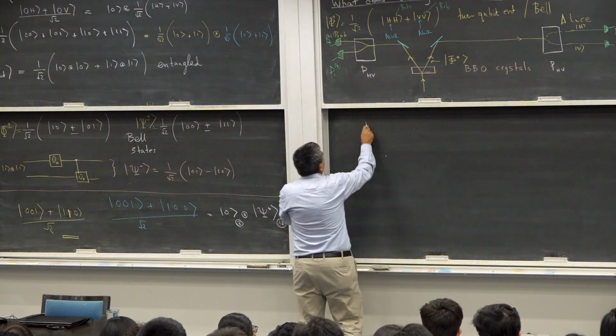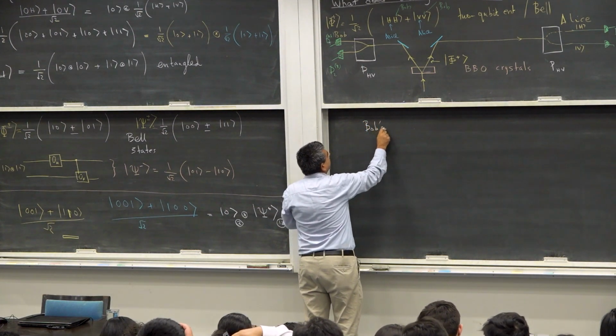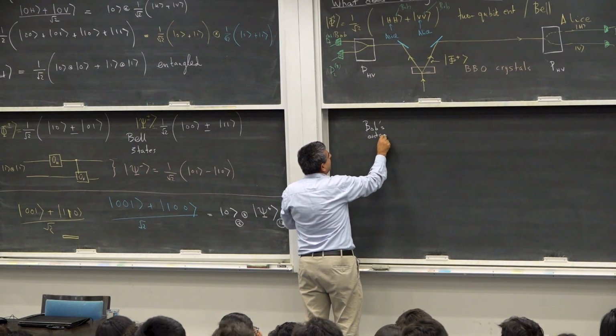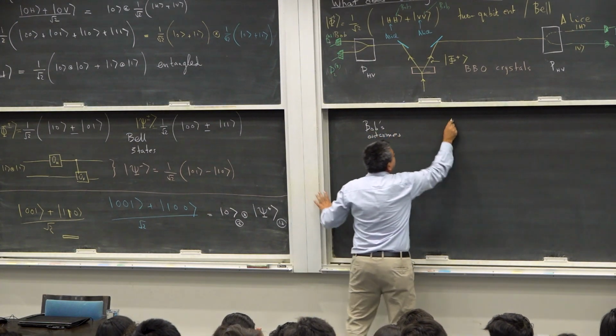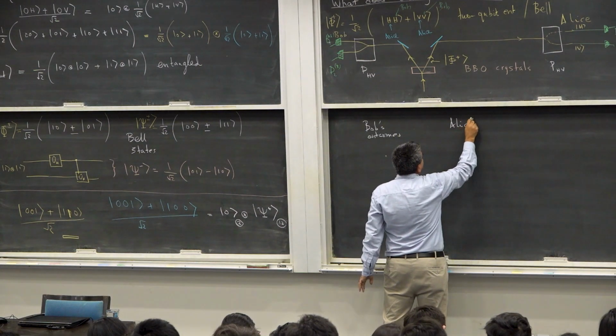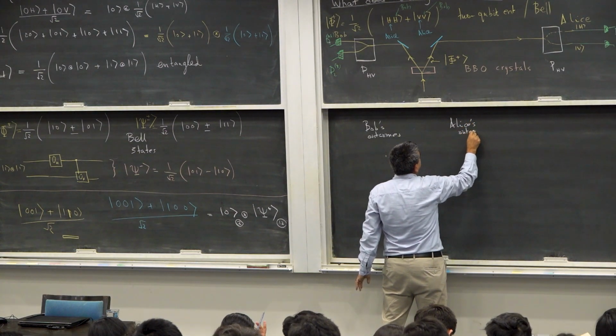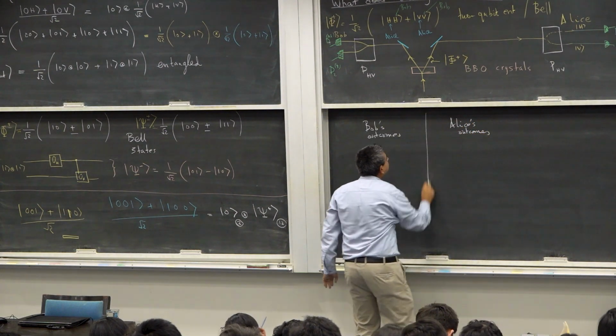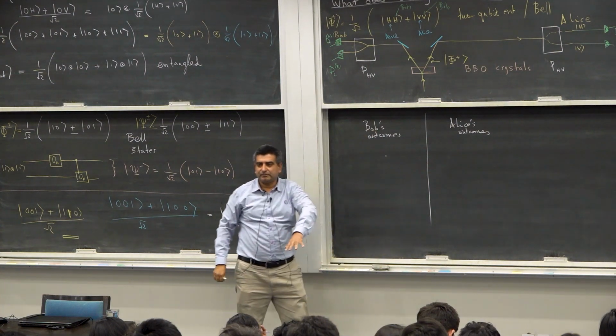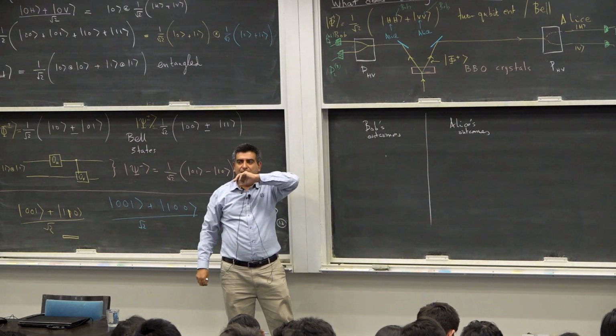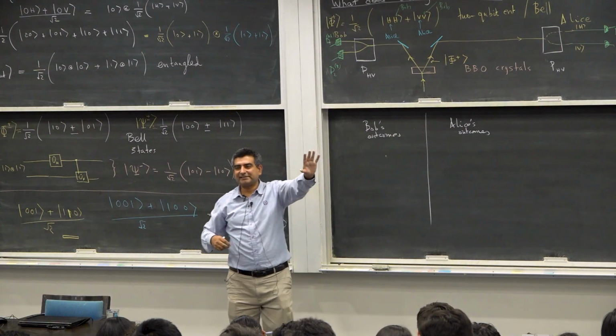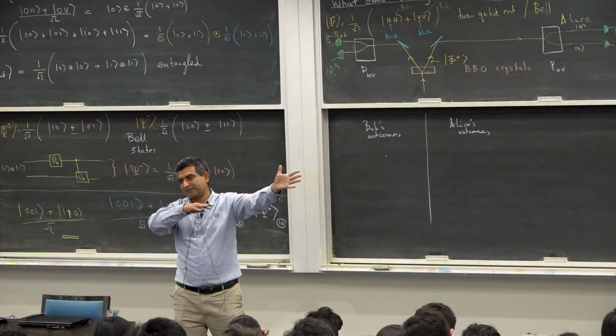So if Bob's outcomes and Alice's outcomes are compared. So Bob does his own measurements, irrespective, without knowing what Alice gets in her measurement.